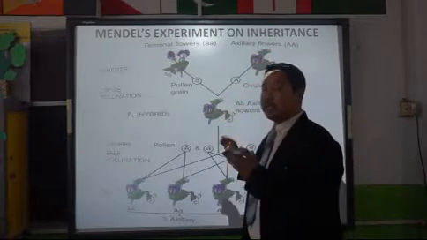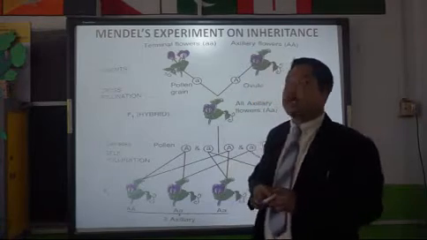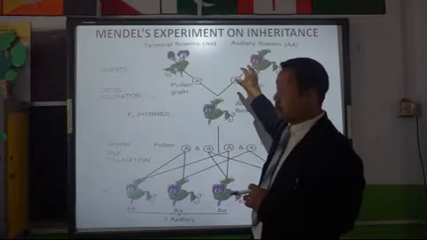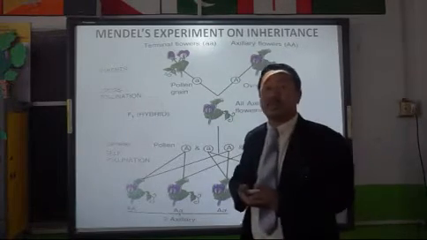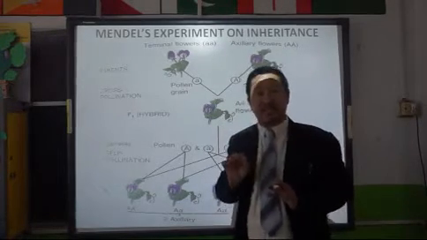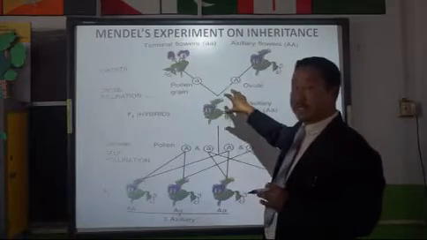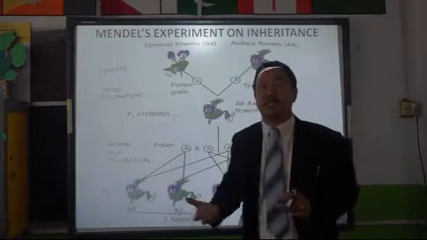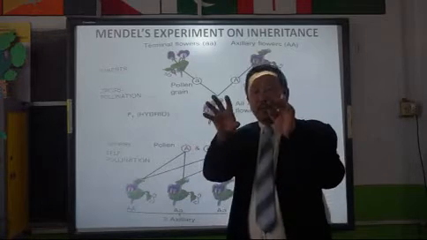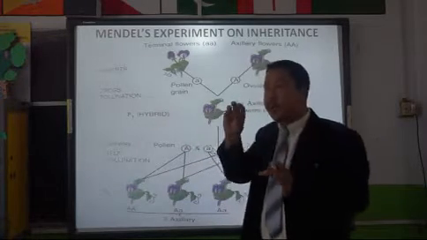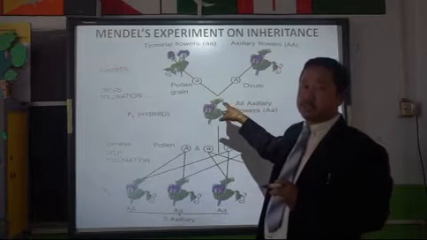Then in the ovary there is the ovule where it is united with the female gamete. Then the zygote is formed. That way it develops into the fruit containing seeds. Those seeds he collected and sowed again there in the garden. And then he observed the pea plants produced from those resulting seeds.